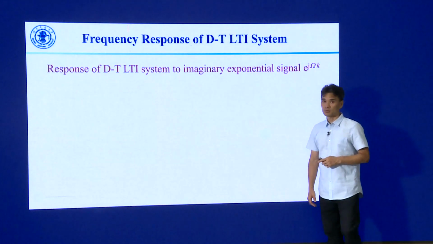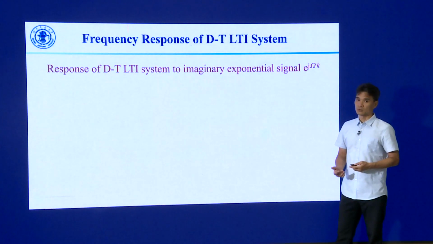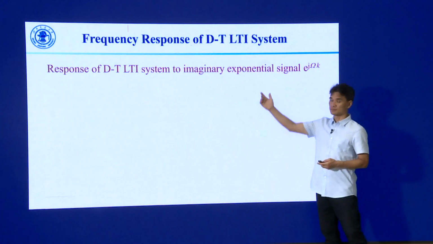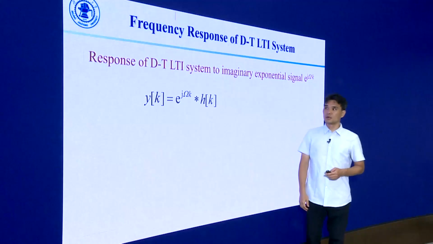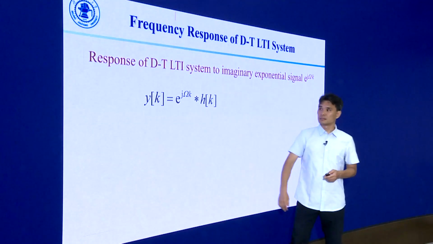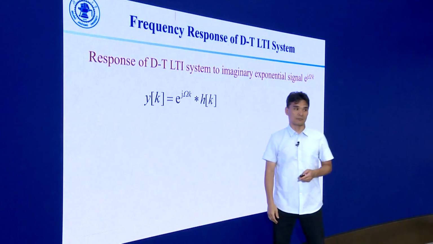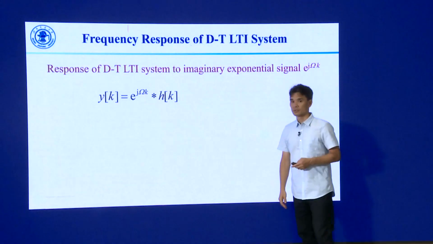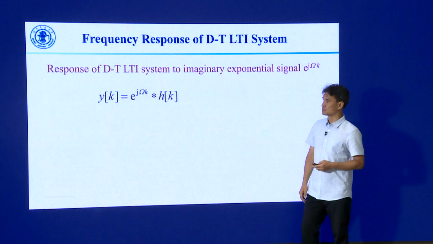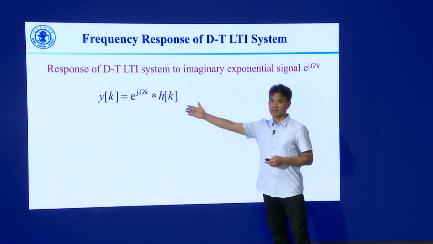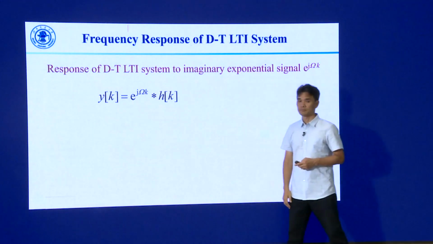We may also provide another view angle to look at the system's frequency response. Now we input an imaginary exponential signal into a discrete time LTI system. Then the zero-state response of the system can be specified by this convolution.